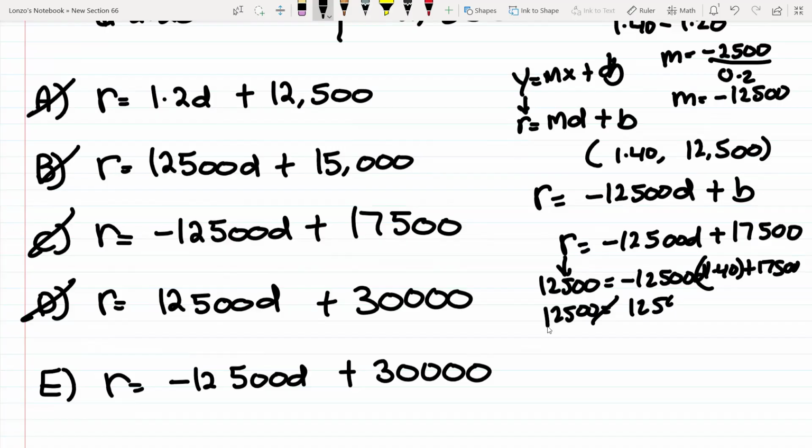So instead of solving for b, I'm just going to test each one. It has to be E, but if you want, we can double check.